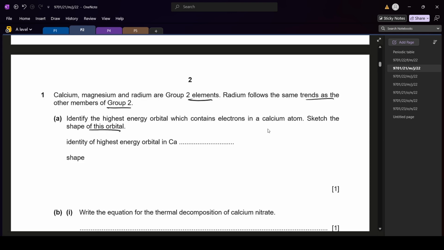So the electronic configuration of calcium is going to be 1s2, 2s2, 2p6, 3s2, 3p6 and 4s2. So the highest energy level orbital of calcium is 4s, and the shape of an s orbital is that it's oval shaped. It's like this.